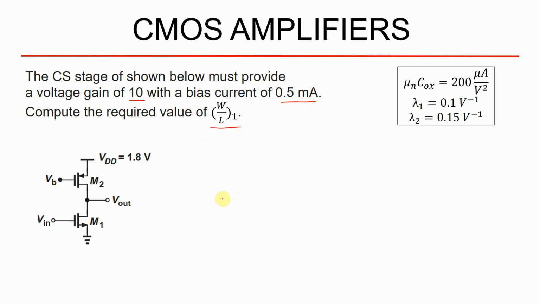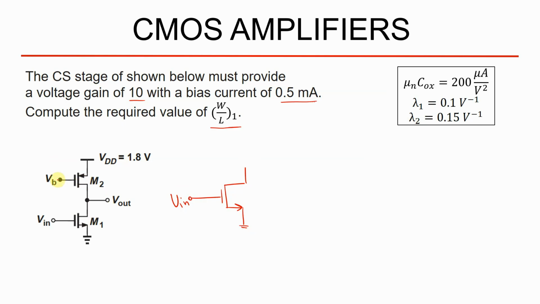First of all, I'm going to use a simple AC model to calculate the parametric voltage gain of this amplifier. We have Vin as an input. This is M1 as the amplifier transistor, and M2 works as a load.